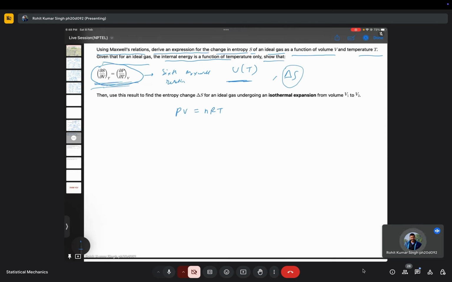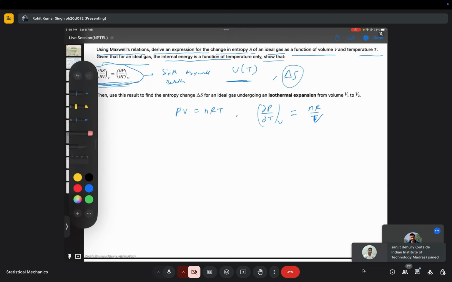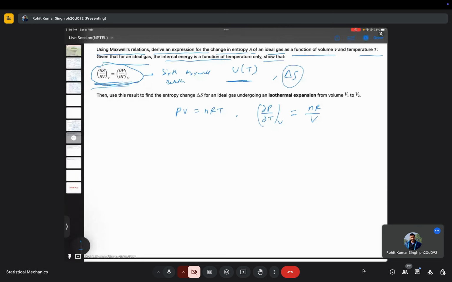From here, we can calculate del P by del T, which is nR by V. And if you put this in the Maxwell relation, then you have from here nR by V, right?